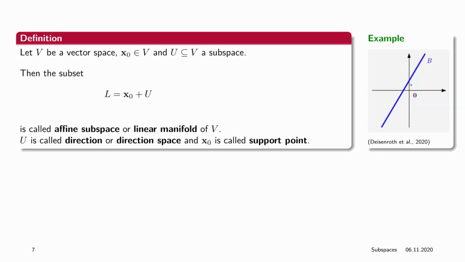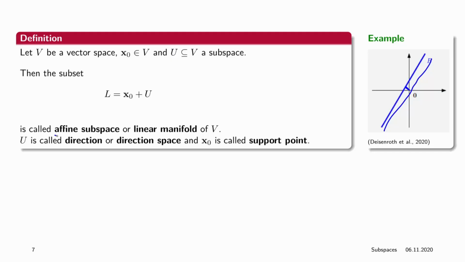Now, we already have seen this example. We said that this is not a subspace of R squared. However, if we moved it a little bit such that it goes through 0, it would be a subspace.